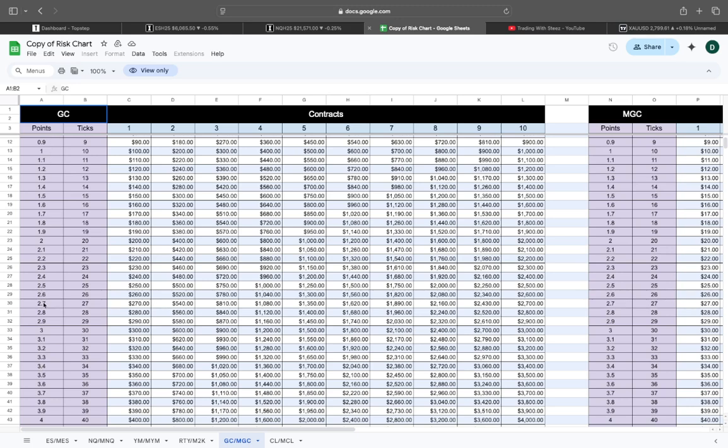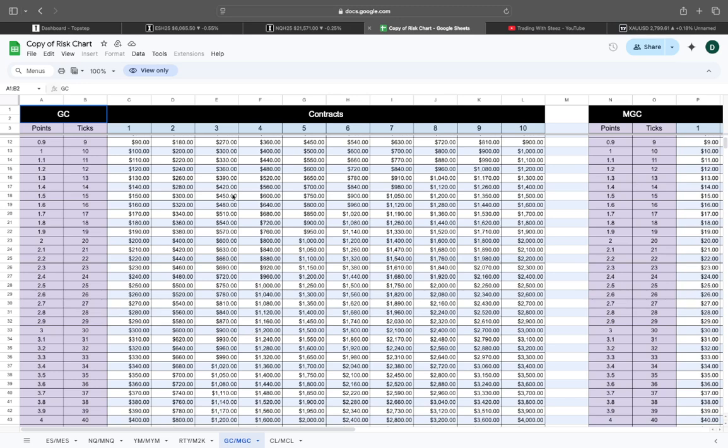Depending on the size of the stop losses, it will give you your points, and then you scroll to the right and you can see how much you're willing to risk, and you put in the number of contracts based on that number. So let's say we had a 3-point stop loss on gold. You want to risk close to 1,000 or somewhere around there. You can choose a little higher, a little lower, whichever you want to do. Let's say I wanted to risk about $900 a trade.